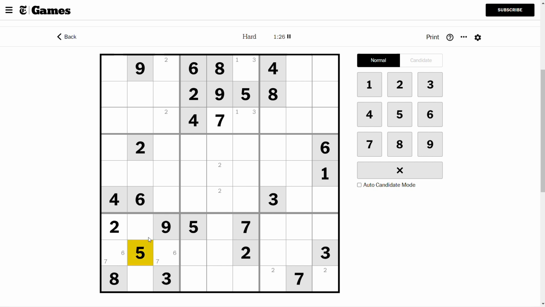So in block 7, in order to fit both 6 and 7, we have to fit these 2 digits into these 2 cells, or in other words, these 2 open cells are reserved for 6 and 7. So we can eliminate all other digits from these 2 cells because it's part of the 6-7 pair. It can't contain anything else apart from 6 or 7.